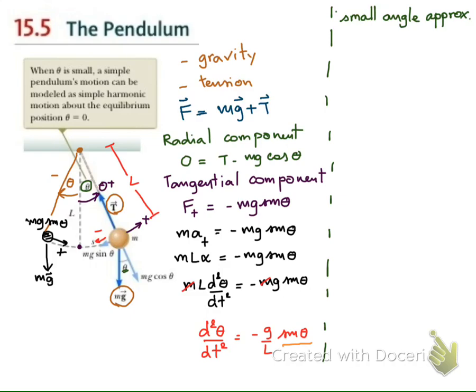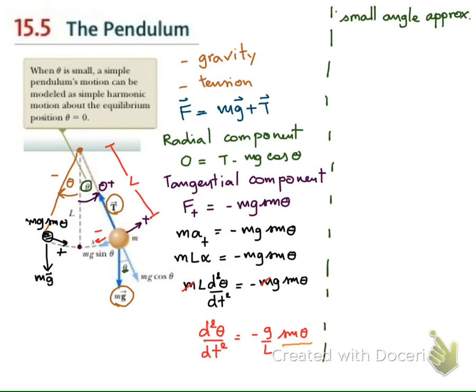The small angle approximation is that if the theta involved with this pendulum is small, it means that we do not pull the mass m away too much from the equilibrium point.